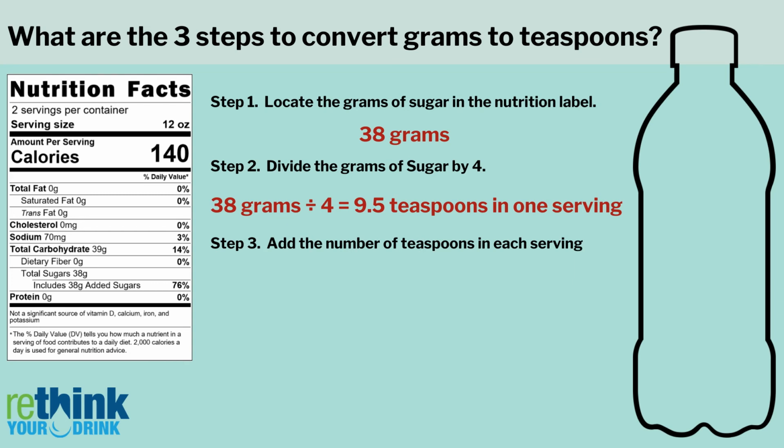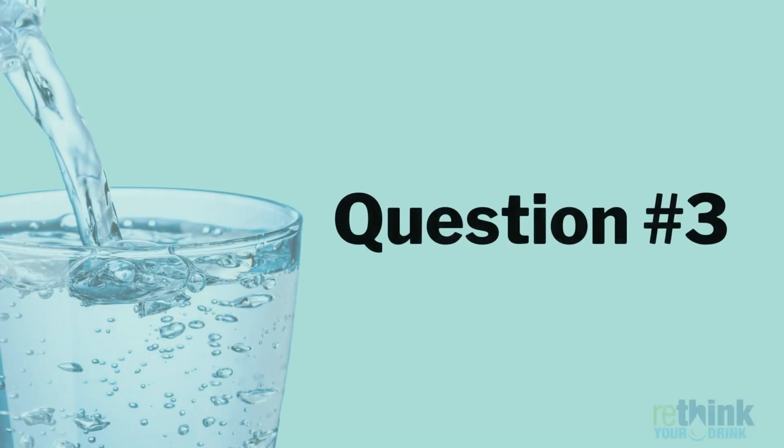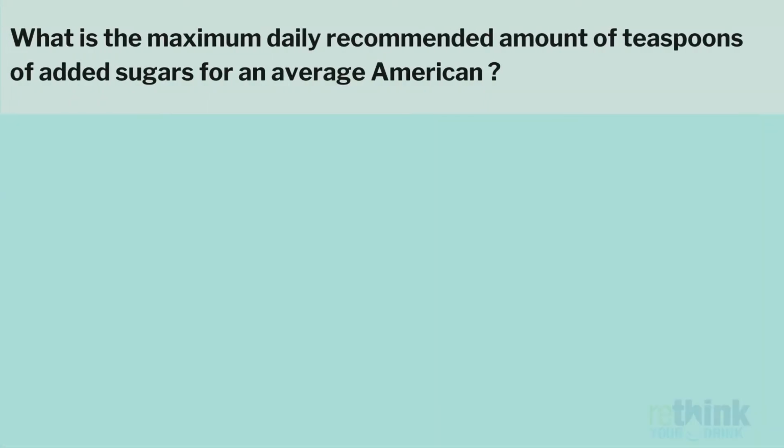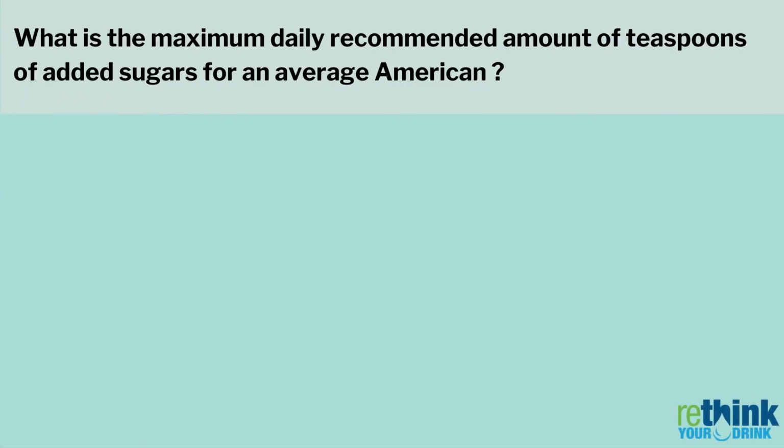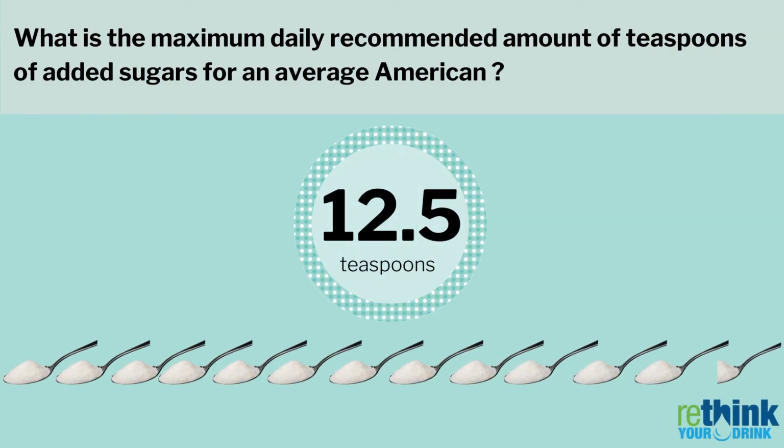And step 3. Add the number of teaspoons in each serving of your drink. Question number 3. Do you remember what the maximum daily recommended amount of teaspoons of added sugar for an average American are? The answer is 12.5 teaspoons of added sugars.